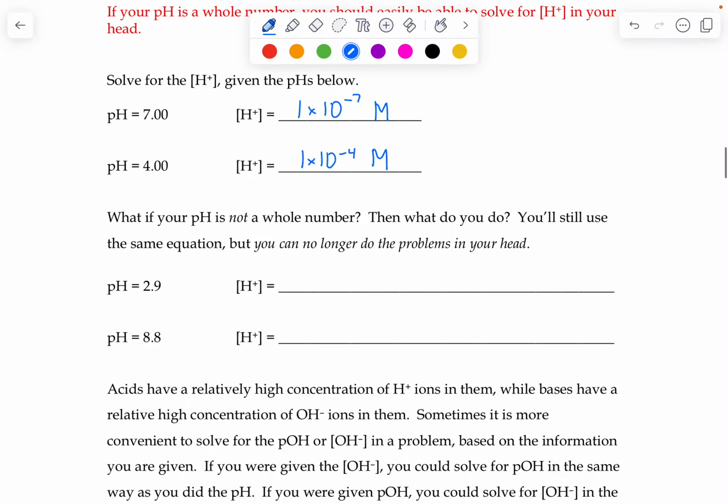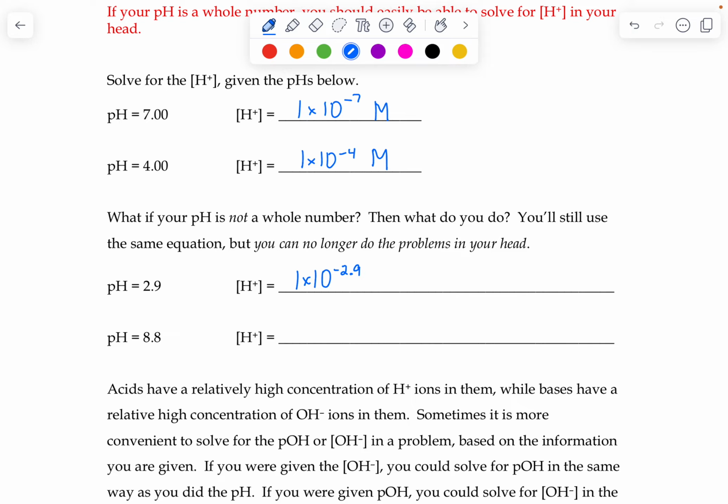If your pH is not a whole number, it's the same equation. We just have to take it one extra step. We still want that 2.9, or I should say -2.9, to be our exponent. But I know you have never seen a decimal as an exponent before. So we have to type that into our calculator and just ask our calculator to properly convert it into a regularly written number for us.